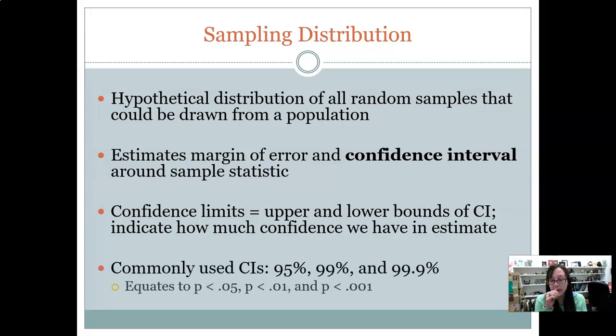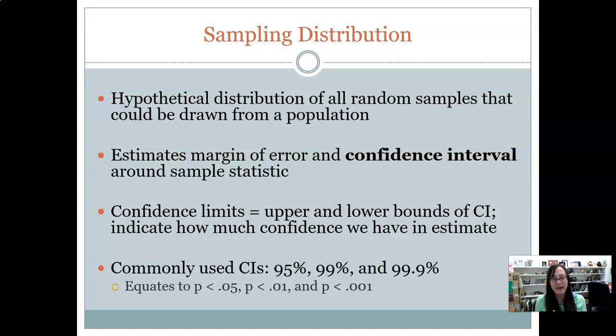Some very commonly used confidence intervals are 95% confidence intervals, 99% confidence intervals, and 99.9% confidence intervals. A 95% confidence interval means that I am 95% sure that the real population value lies somewhere in this interval.